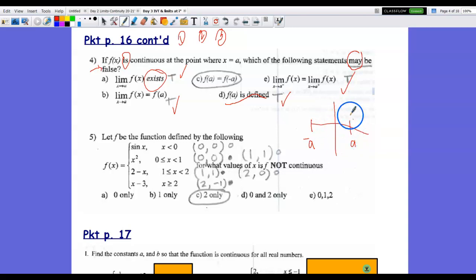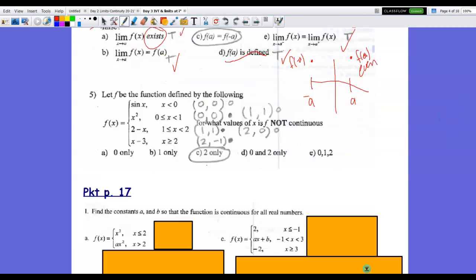This says the y value, and we'll just say the y value, that would be f of a, equals the y value at negative a. Really, they're saying an even function. So which of the following statements may be false? Well, this might be false. I don't have to have an even function, but I might have an even function.